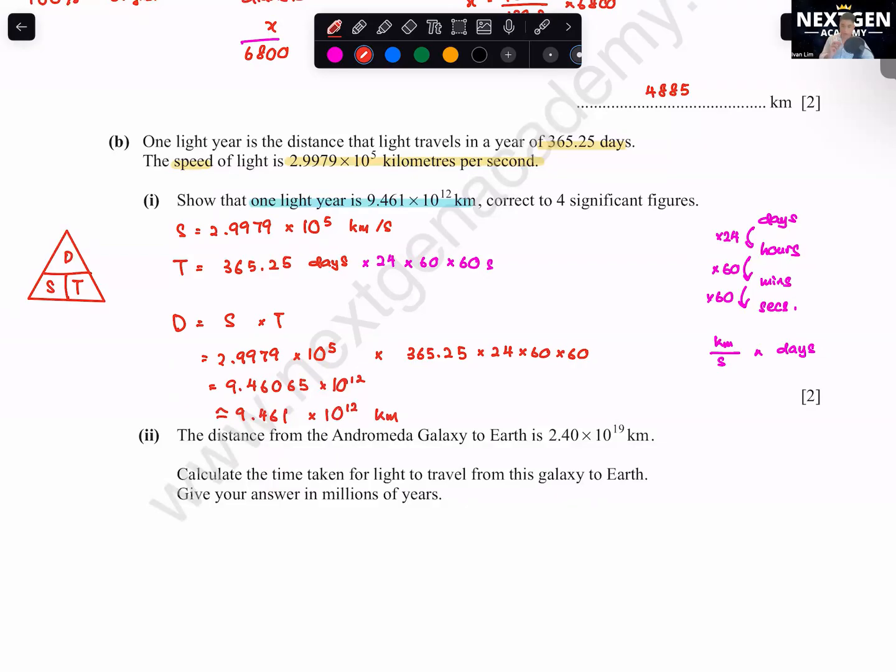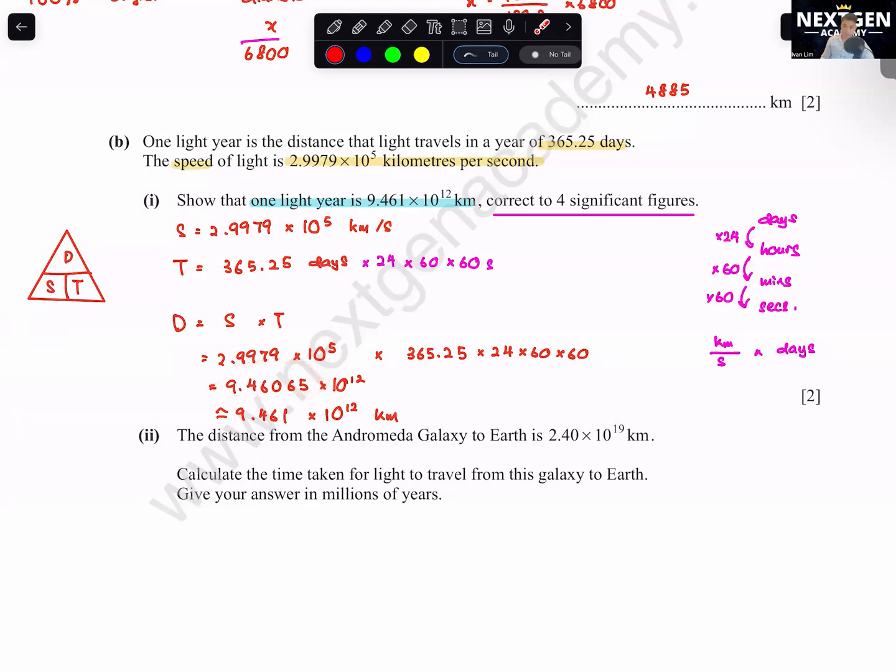In your IGCSE also, if they use this sentence, they say correct to whatever significant figure or whatever number of decimal places, what I want you to do is you don't straight away round it up to the final value, because they ask you to prove it to this value, right? One line before, you write down a few more extra decimal places or significant figures.